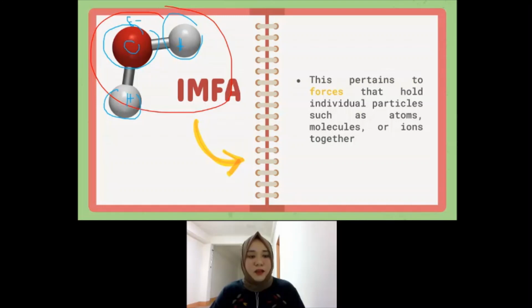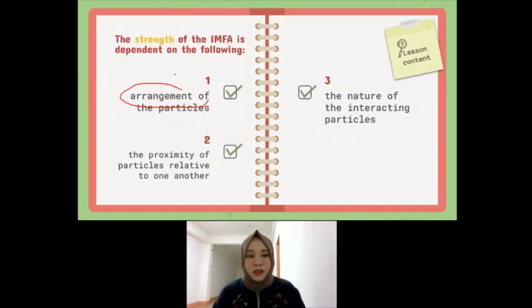And the hydrogen atoms make it partially positive. Okay? So because of this arrangement, of course, the oxygen is more attracted to the partially positive portion of another molecule. And the partially positive portion of this molecule is more attracted to the negative portion of another molecule. So that's because again of the arrangement of the particles.